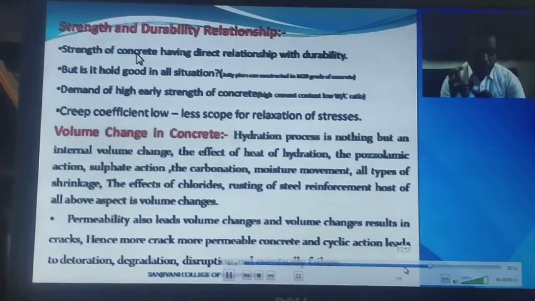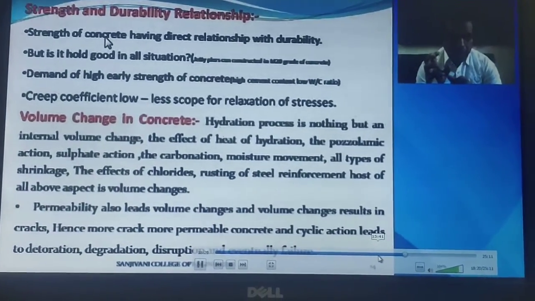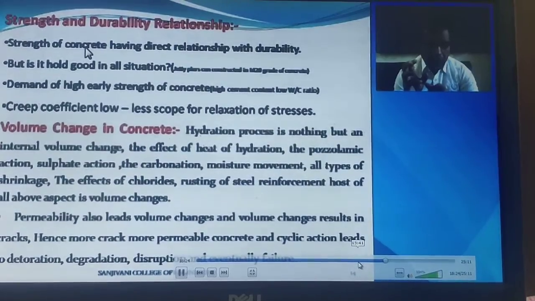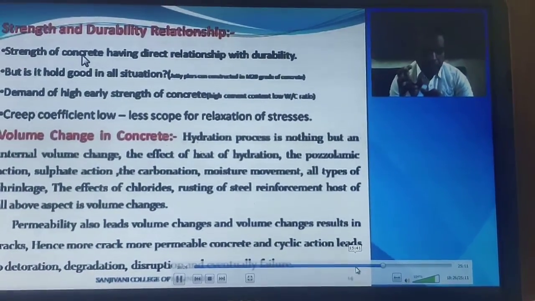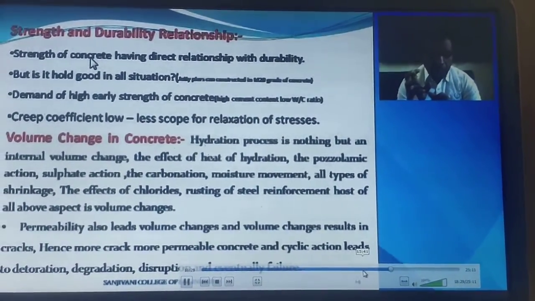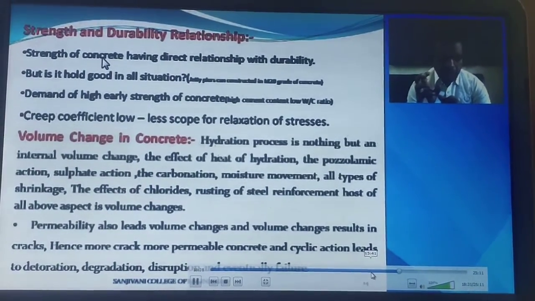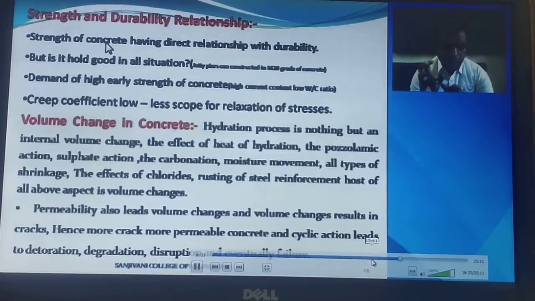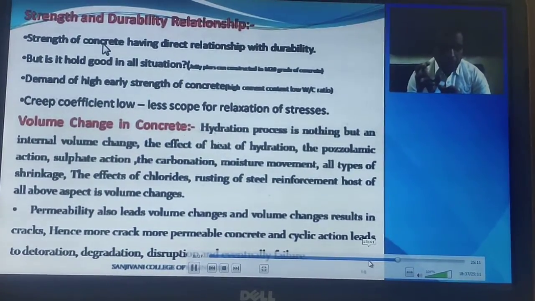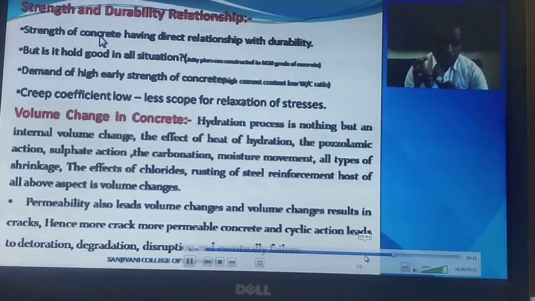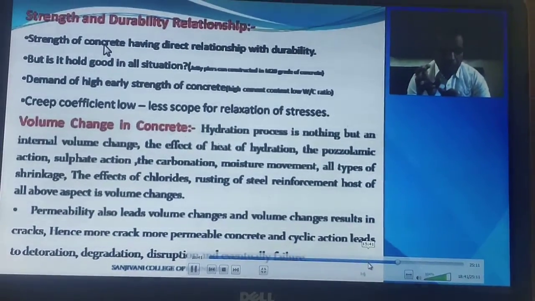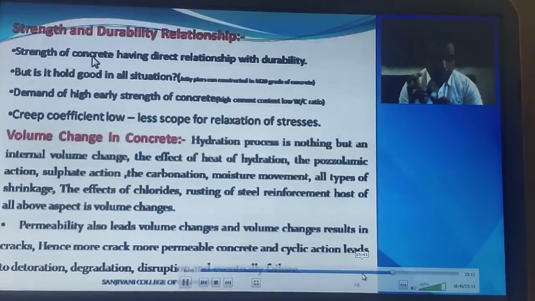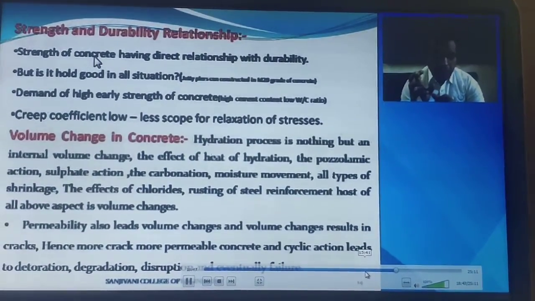Due to the incorporation of reinforcement, is it possible to reduce crack formation? Definitely it is not. We are only able to reduce the width of the cracks. So we cannot say that we can achieve 100% durability by provision of reinforcement. So care must be taken while using high cement content.